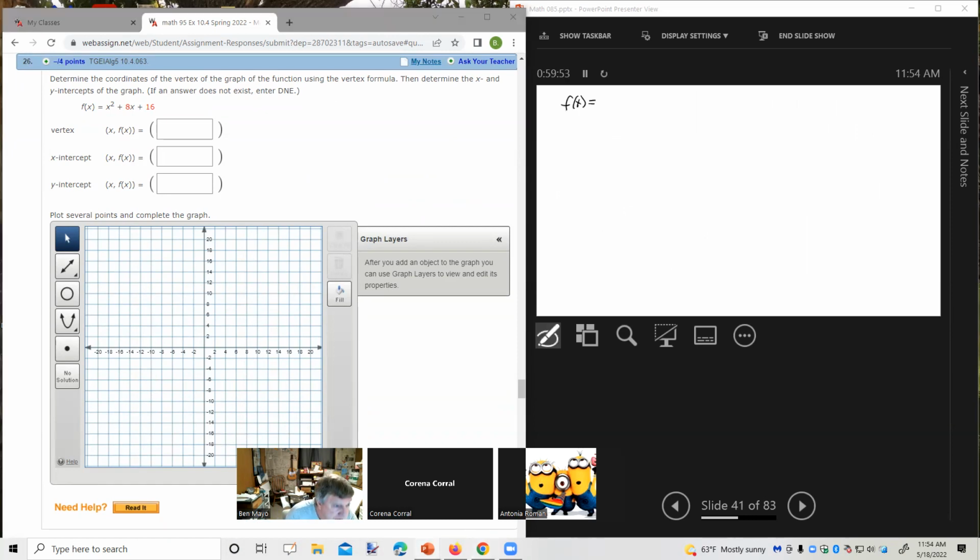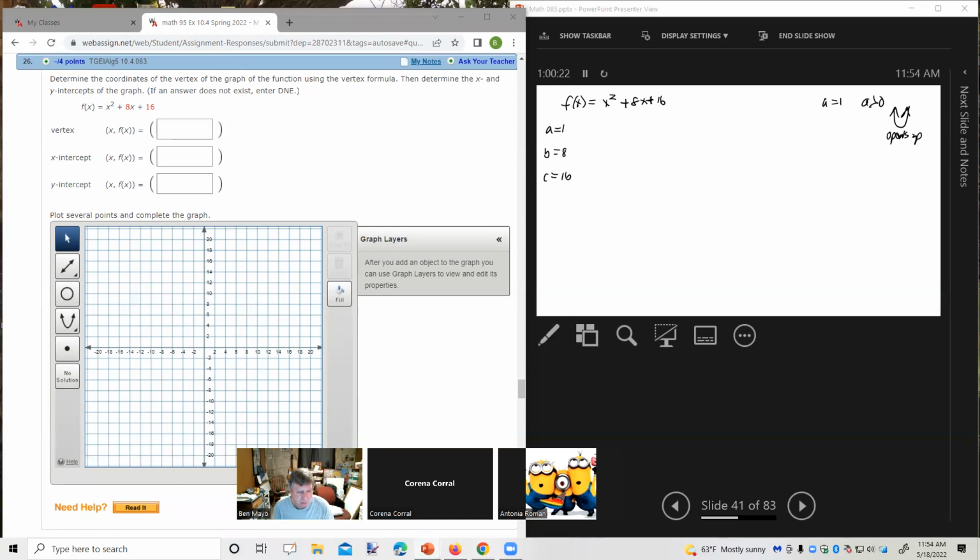So f of x equals x squared plus 8x plus 16. This is in standard form. A is 1, B is 8, C is 16. Again, it asks for things, but I'm going to find things beyond that. A is 1, so A is greater than 0, so this thing opens up.